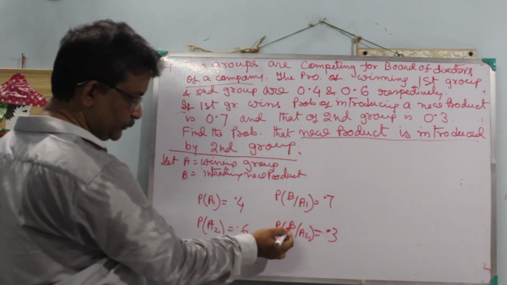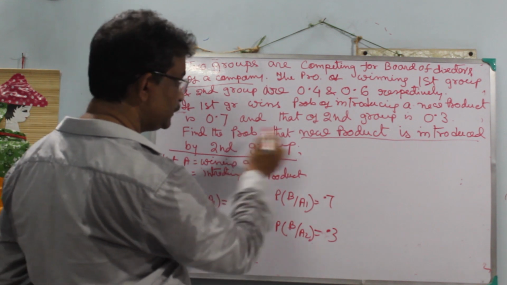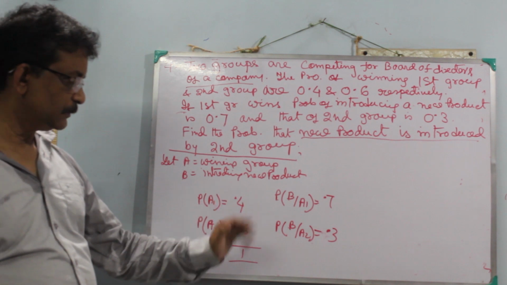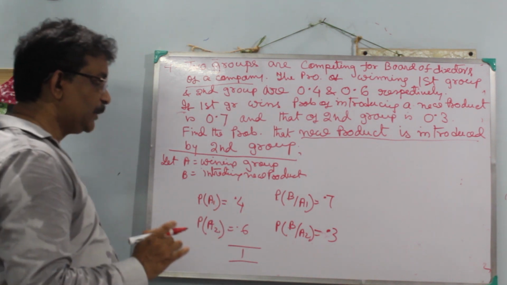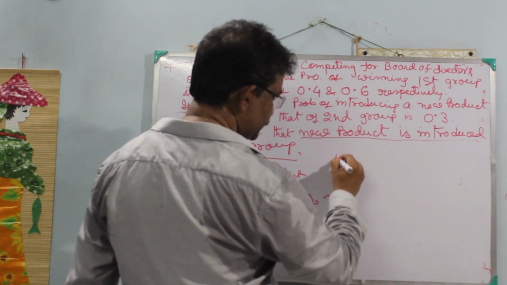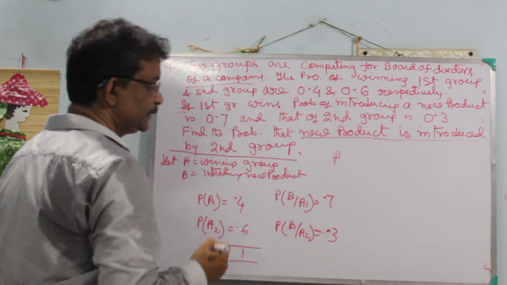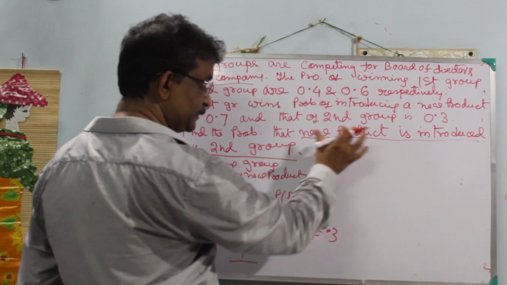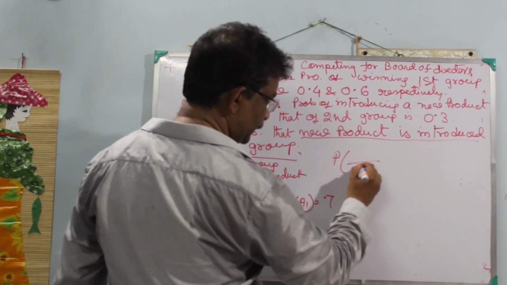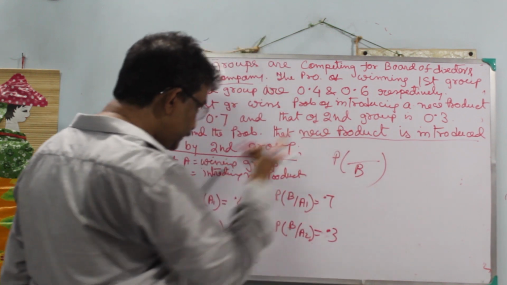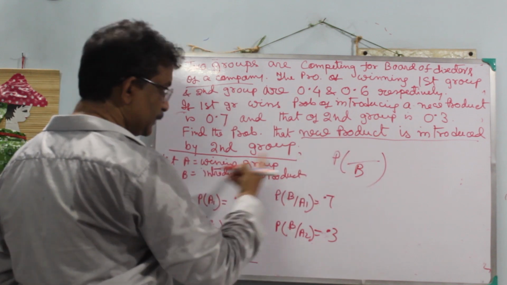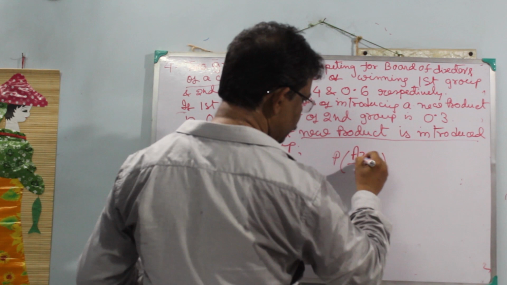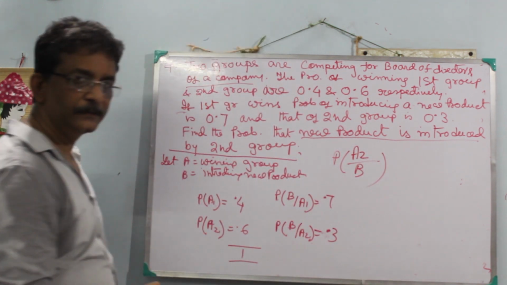And if the second group is selected? 0.3. So the chart is clear. Now what is asked? The new product is introduced, it is given, so that will come as the denominator, and it was introduced by the second group, that means A2. So it is required probability of A2 given that B occurred.